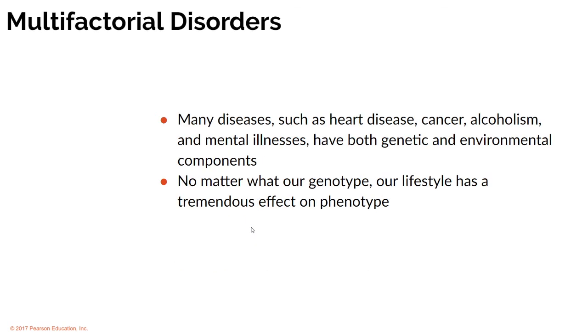And another thing we can think about too is other things that have multiple factors that impact them, so multifactorial disorders. So things like heart disease, cancer, alcoholism, and mental illness can all have genetic as well as environmental components.